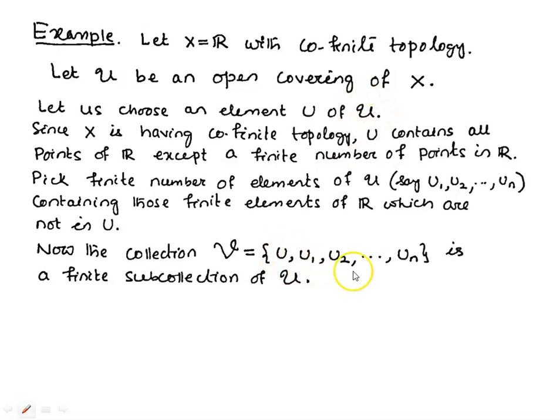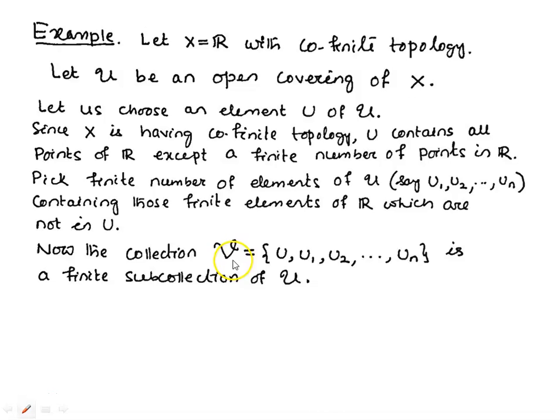So this new collection containing U, U1, U2, U3 up to Un is a subcollection of U, and the number of elements here is n plus 1, which is finite.